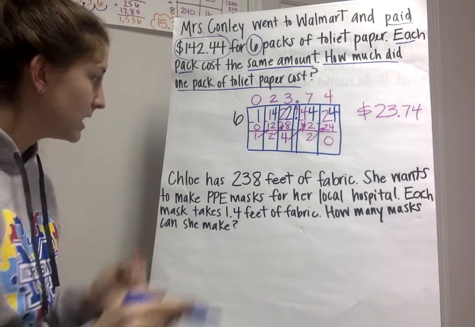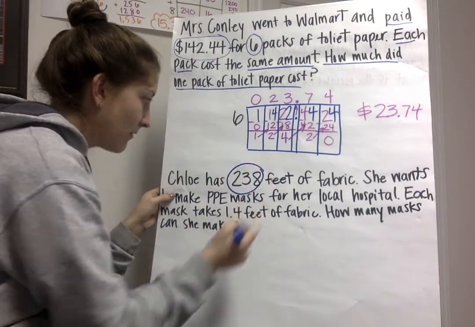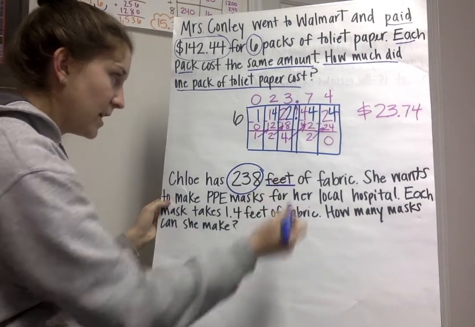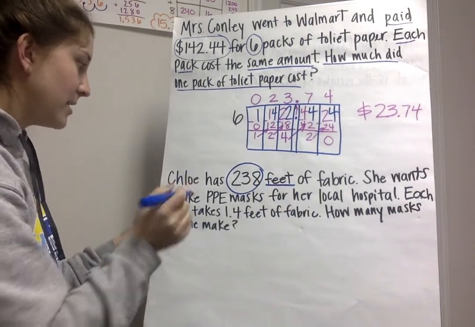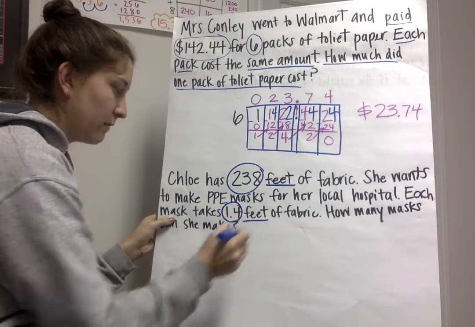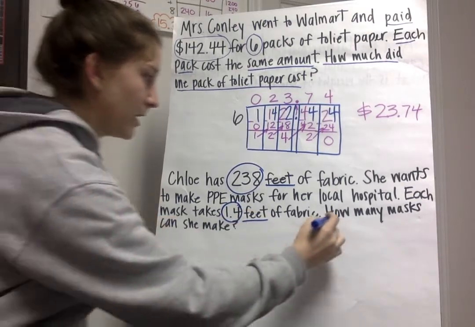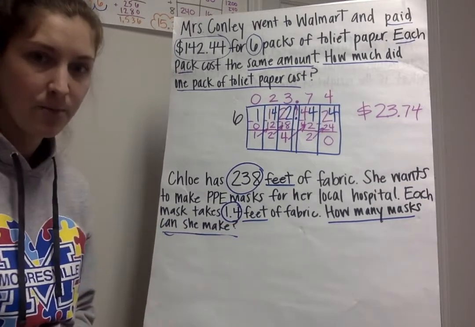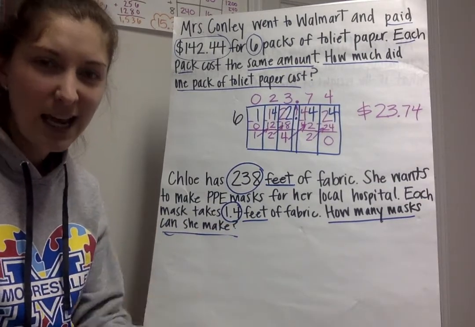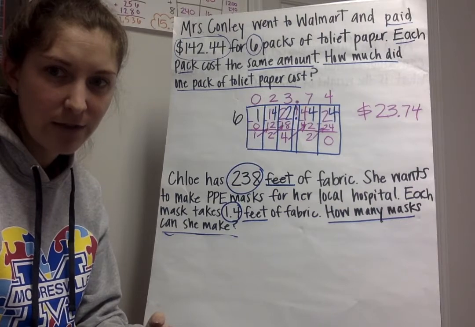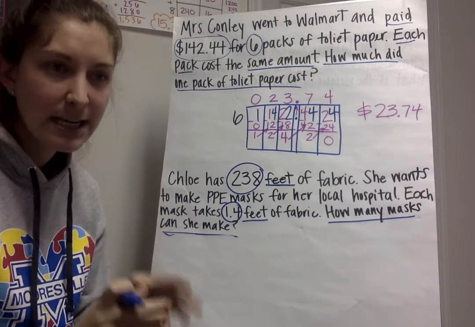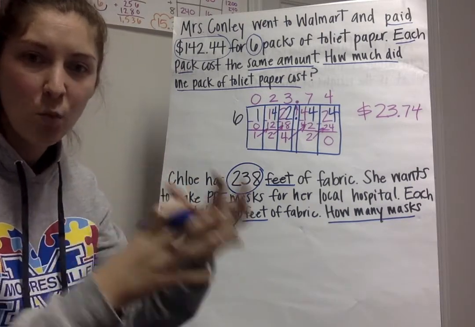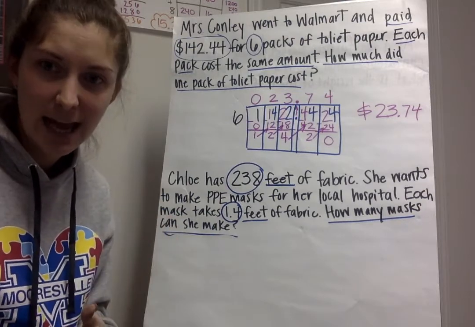Well, in this problem, I've got 238 feet of fabric. Each mask takes 1 4/10 feet of fabric. So I want to know how many masks can she make? So I need to take the 238 feet that I have, and I need to see how many 1 4/10 I can take out.